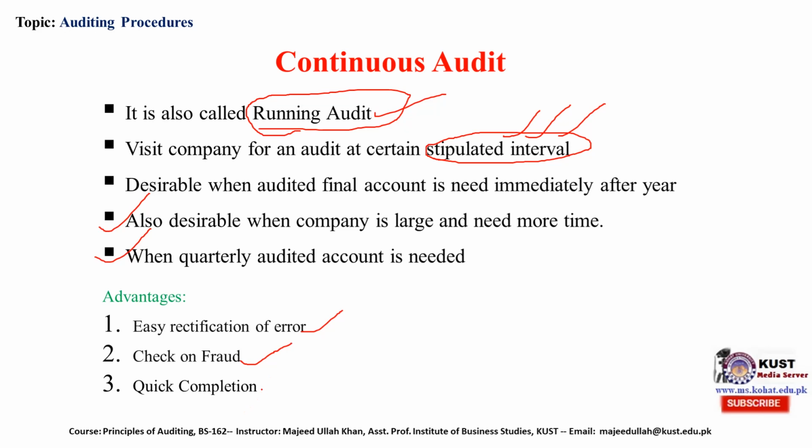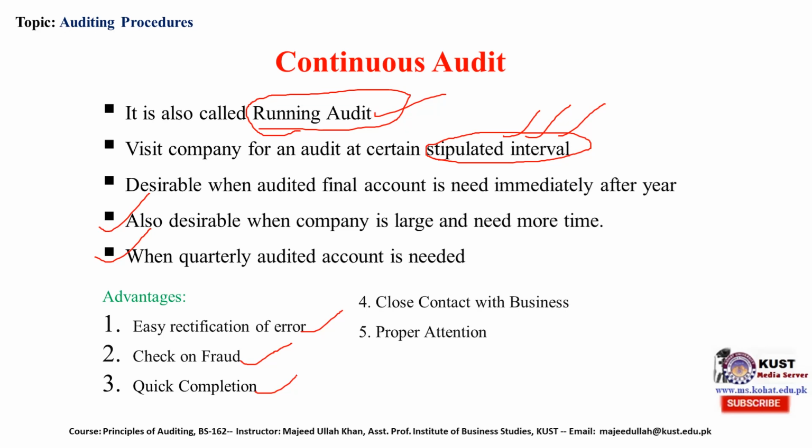The third benefit is the accounts are kept up to date and an audit can be completed more quickly, and accounts can be presented to shareholders soon after the closing of the financial year. Close contact with the business.